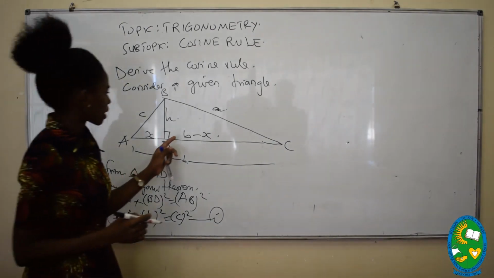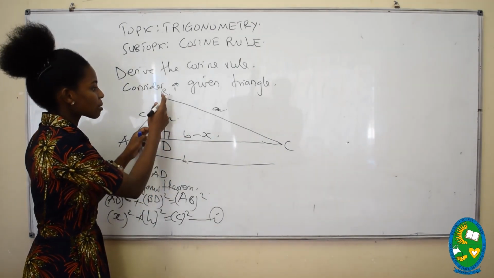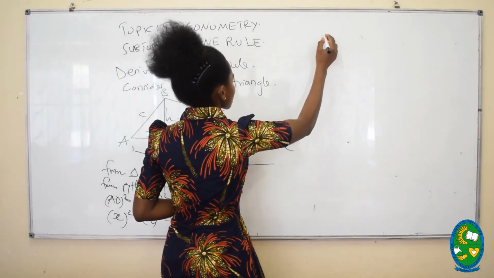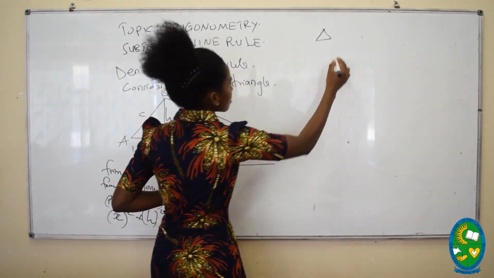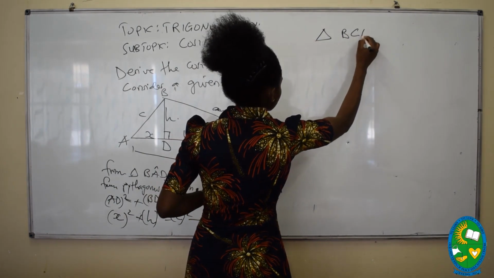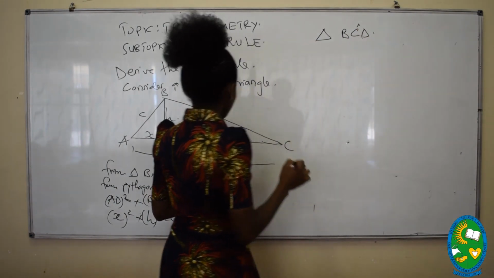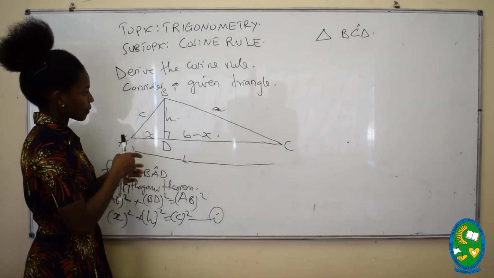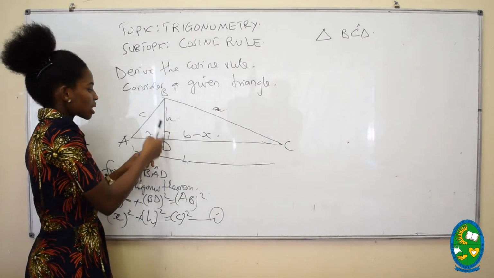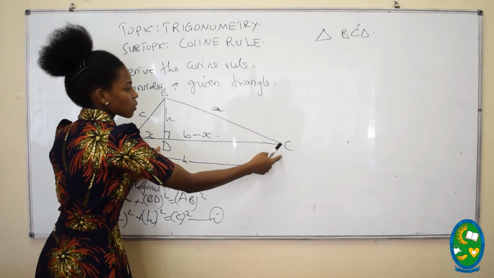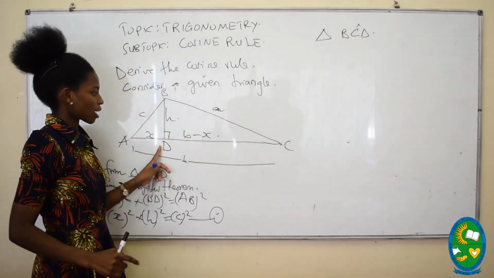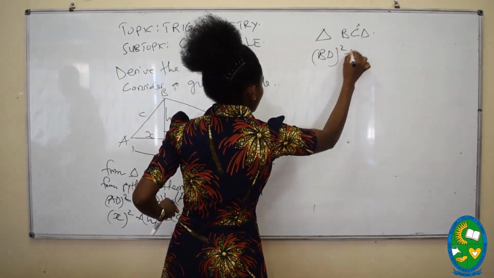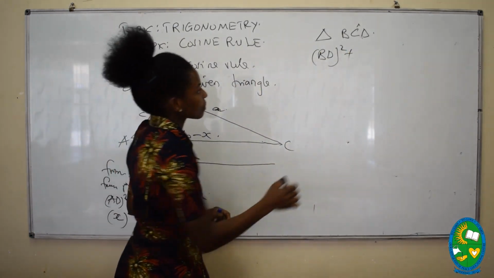Again, we come to the second triangle, which is BCD. From Pythagoras theorem, we take BD square plus DC square equals BC square.